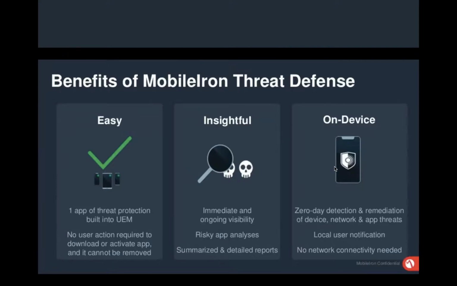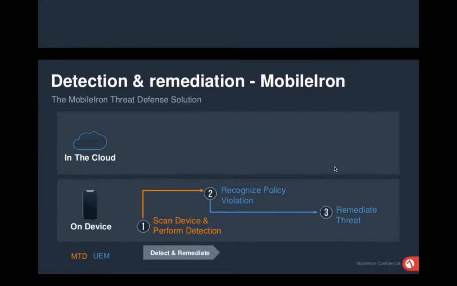As in, there is certain traffic, or you could say a lot of attacks, that can be blocked on the device itself without having to send it across to the cloud for analysis, right? And if you were to talk about the packet flow, it's kind of simple. One, on the device itself, let's say that any application is being installed. So the MTD component performs a scan on it, right?